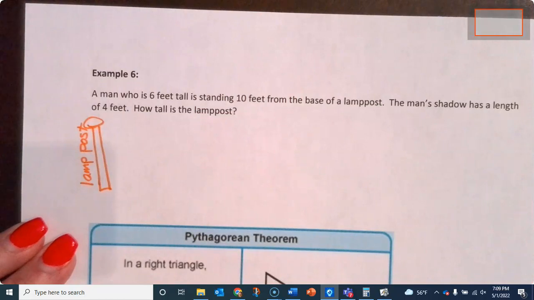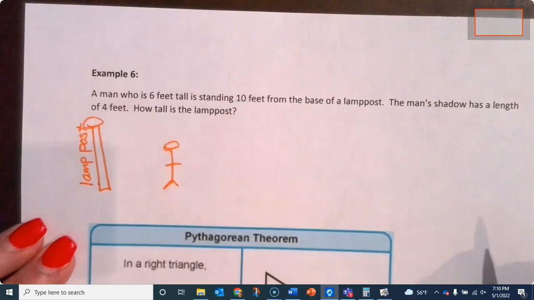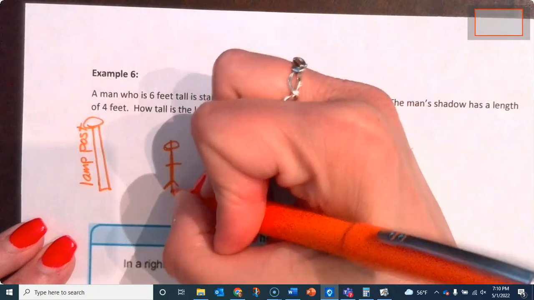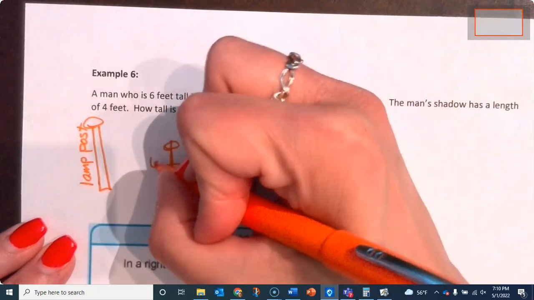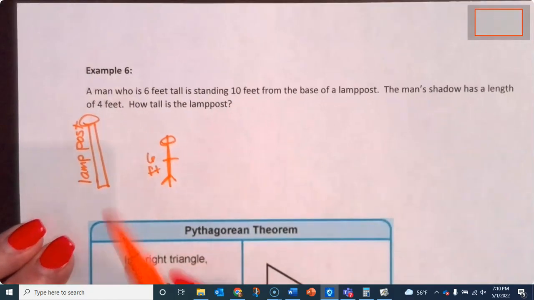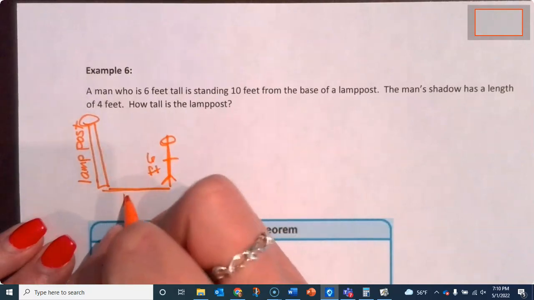And then we've got a man. It says a man who is 6 feet tall. So think of this as a triangle. This is 6 feet. He is standing 10 feet from the base of a lamppost. So from here to here is 10 feet.